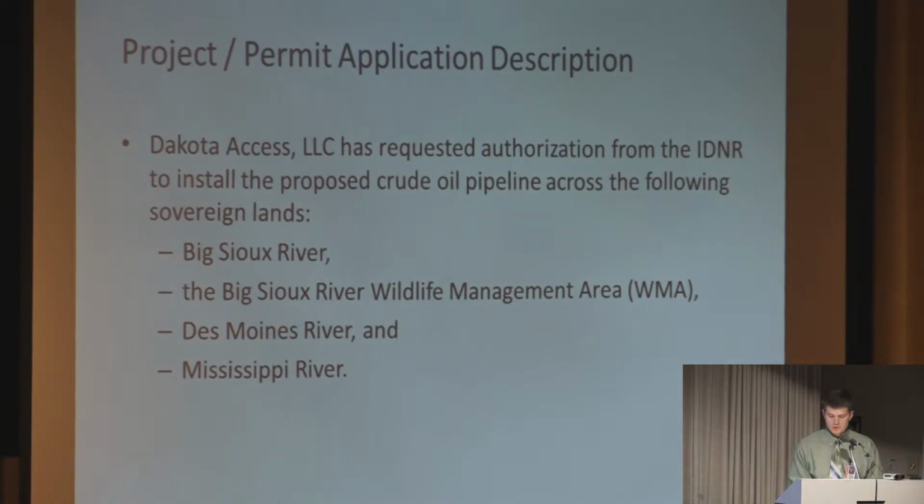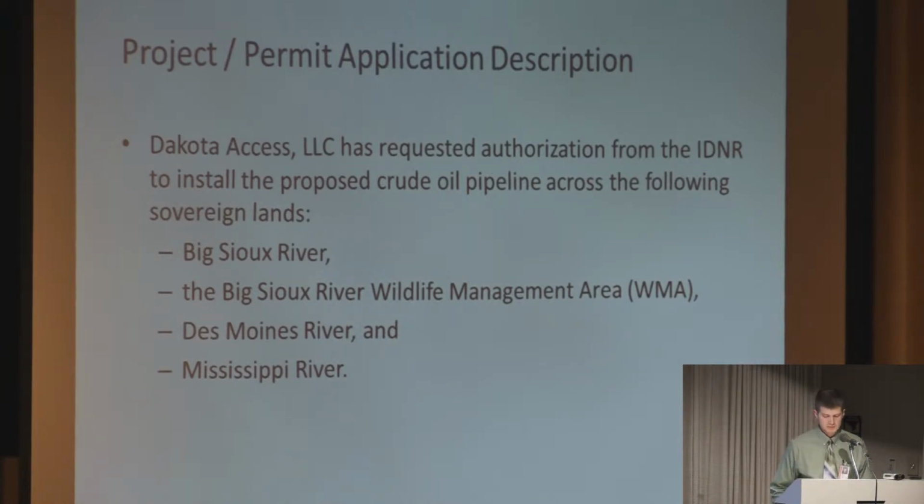Now we'll go into exactly what they applied for in the application. Dakota Access LLC has requested authorization from the Iowa DNR to install the proposed crude oil pipeline across the following sovereign lands: the Big Sioux River, the Big Sioux River Wildlife Management Area, or WMA, the Des Moines River, and the Mississippi River.